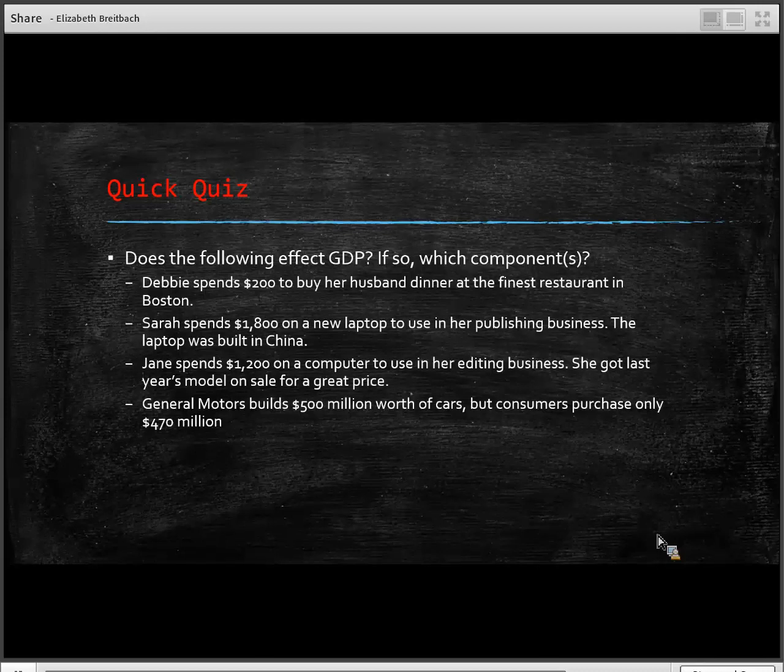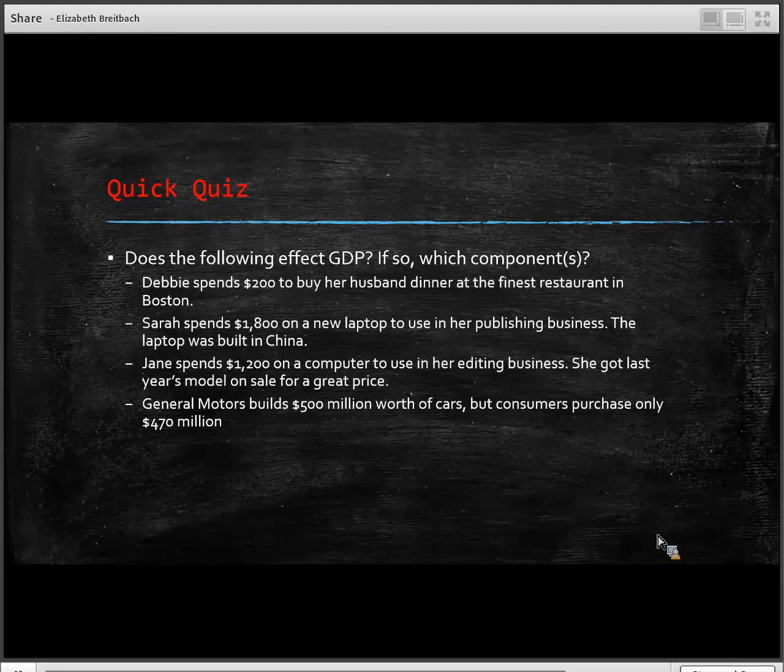But the United States was not productive in producing this laptop, and so we have to subtract that $1,800 out of imports so that the net effect is 0. So there ends up being no effect on GDP because investment went up by $1,800, imports went down, those two cancel each other out, and then there is no effect on GDP.